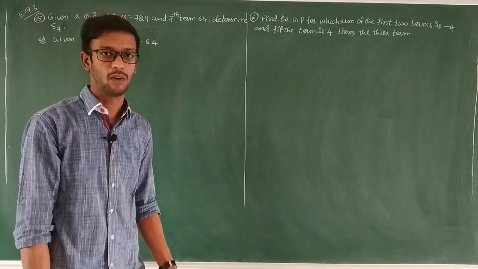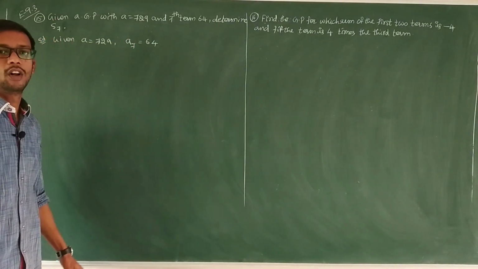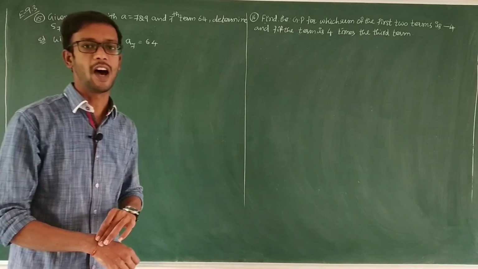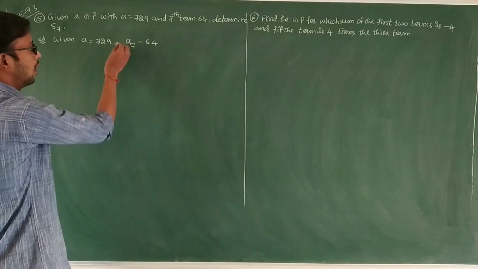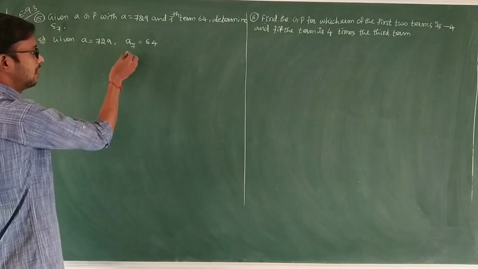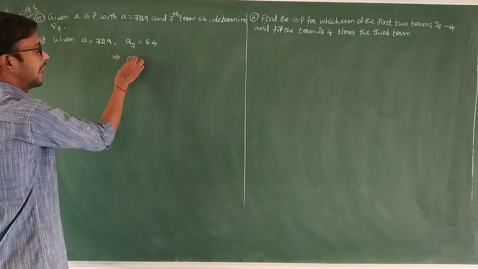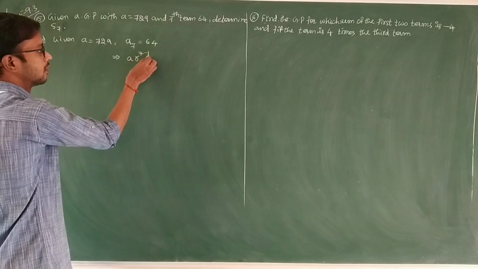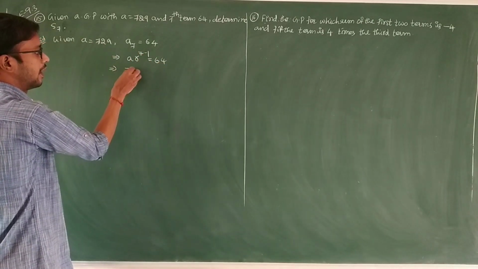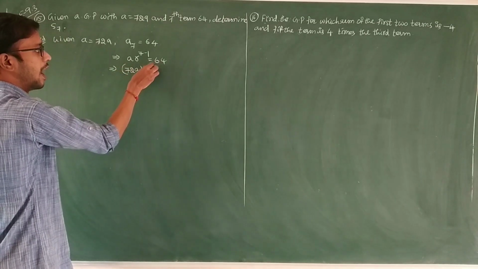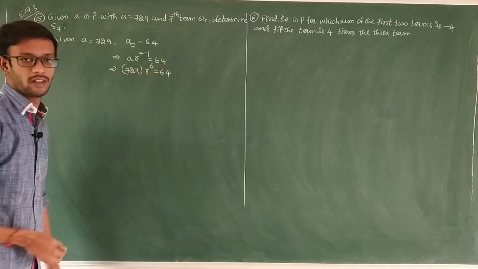Common ratio, if we know it, first term we already know, so directly we can substitute in the formula. But how will we find the common ratio here? So a7 is equal to ar power 7 minus 1 is equal to 64. a is 729 into r power 6 is equal to 64.